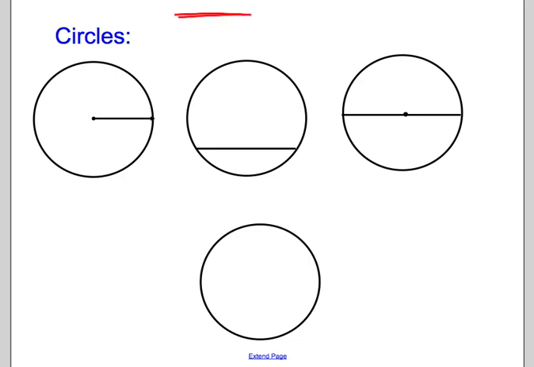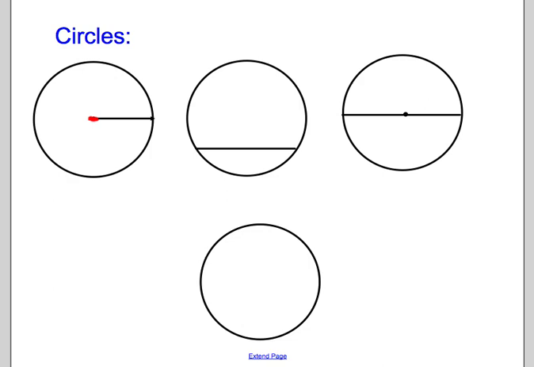First of all, the definition of a circle. This isn't something you need to write down, but I always like to discuss it. The definition of a circle is all the points that are equidistant from a specific point. If we look at this first circle, we have this point at center that we call the center of the circle.